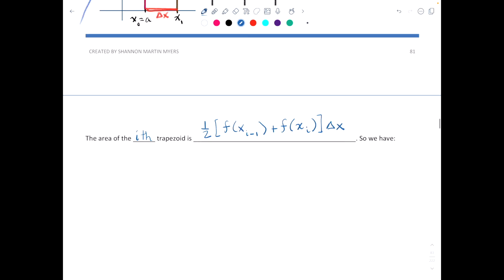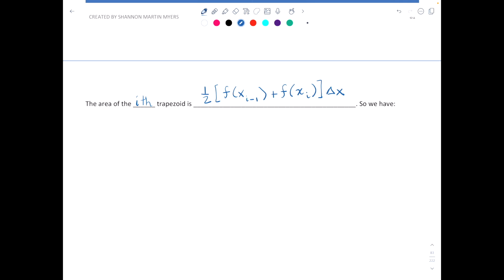Groovy? So what we have is our area equal to delta x over 2, combining the delta x multiplier and the 1/2, neither of which have an i, times f at x0 plus f at x1.